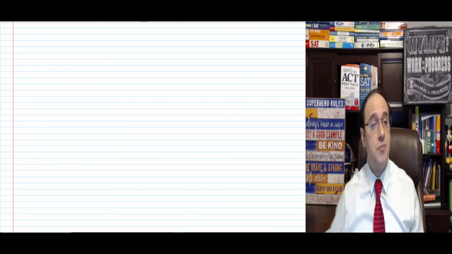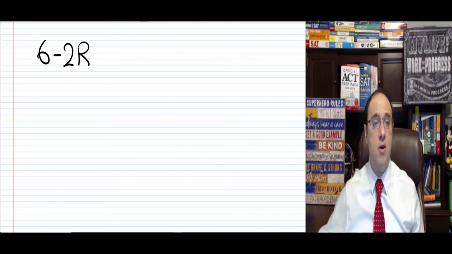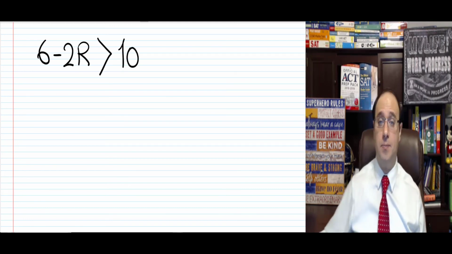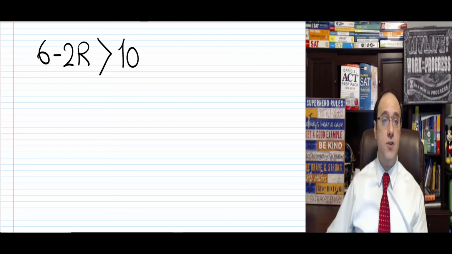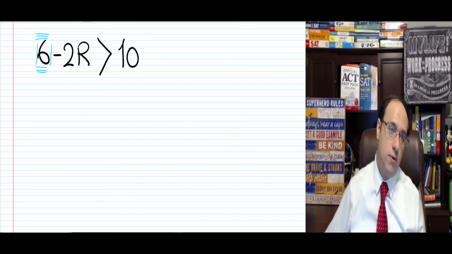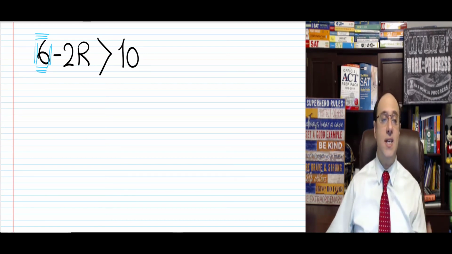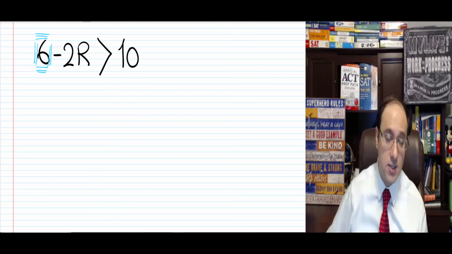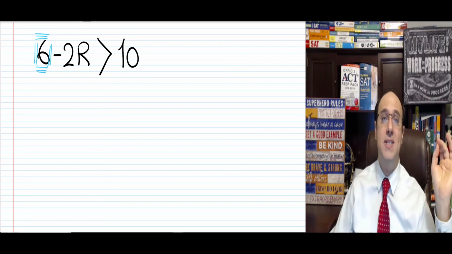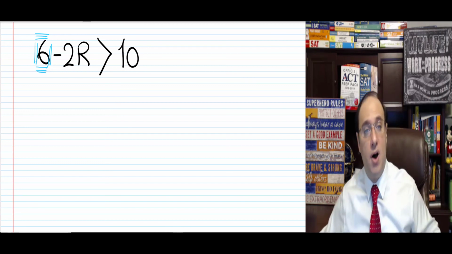I tell you that 6 minus 2r is greater than 10. First things first. I want to get rid of the thing that is added or subtracted to the variable, to the r. Here it's 6 minus 2r, so I want to get rid of the 6. Is there a sign before the 6? No, there is not, which means it is positive 6.